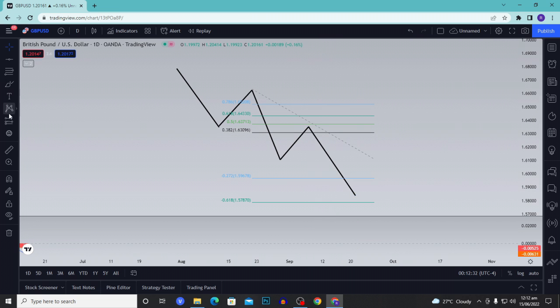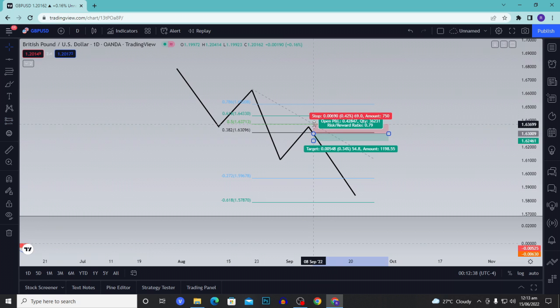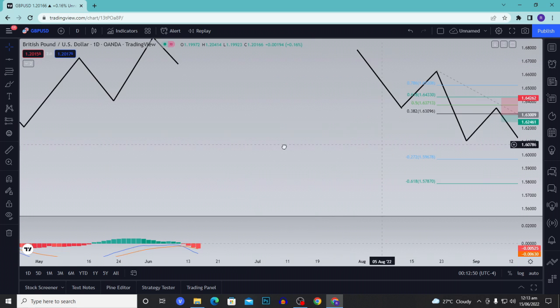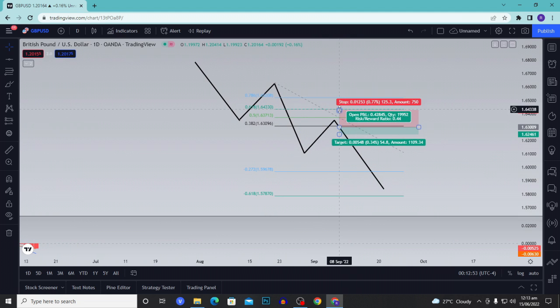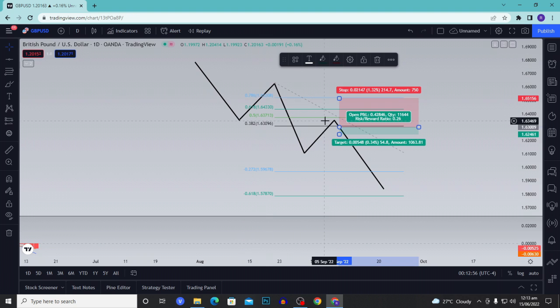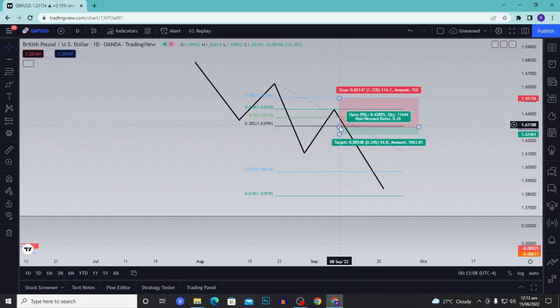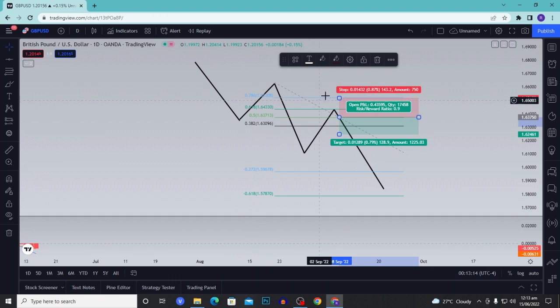Place your stop loss above the previous high or at one of your points, either the 0.618 or the 0.786. If price retraced back to your 0.618, then your stop loss should be at your 0.786 point.